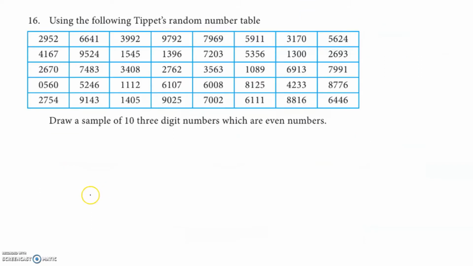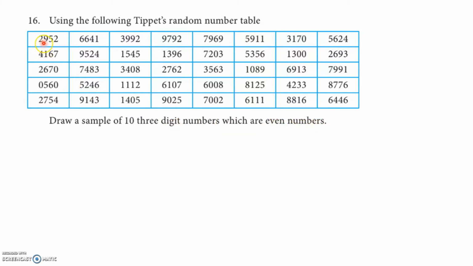So the first problem says, following Tippett's random number table, draw a sample of 10 three-digit numbers which are even numbers. So you need to draw 10 random numbers which are 3 digits and they should also be even numbers. Okay, so let's see how we can get that.